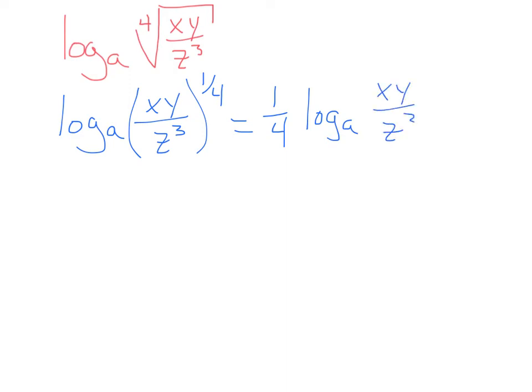Now, just like in the previous example, this 1/4 applies to everything, and we can take care of that pretty simply by using parentheses. So I'm going to say 1/4 parentheses, and now I see this division. So I'm going to say log base a of xy minus log base a of z cubed.